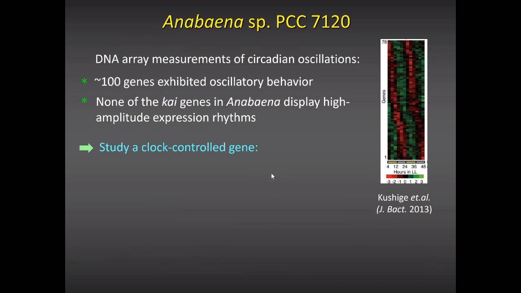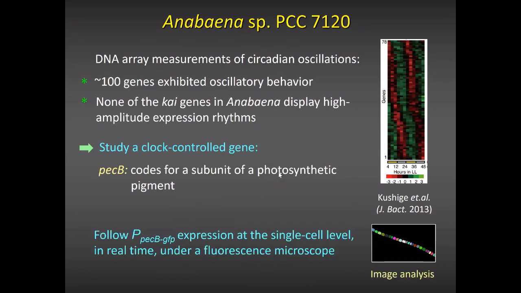So we wanted to study a clock-controlled gene that has high oscillatory behavior. We chose to study pecB, which codes for a subunit of a photosynthetic pigment. We studied it by following the expression of the promoter of pecB fused to GFP, a translational fusion, at a single-cell level in real time under a fluorescence microscope.